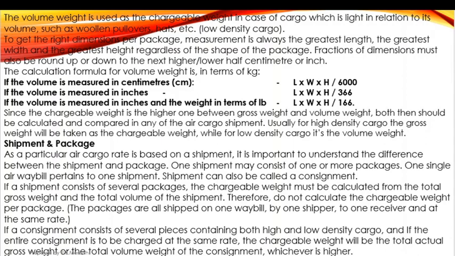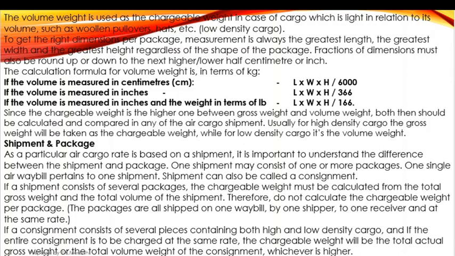It's a constant figure that we use to divide to give you the volumetric weight. If it is in pounds, UK, we use 166 to divide. So the gross weight, or the actual weight, is fixed. You don't change it, okay? The person has given you that weight. But to get volumetric weight, you need to check these things.